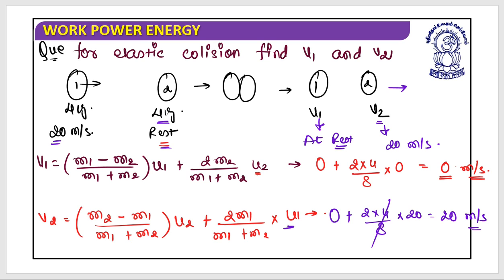If you have played billiards, a striker will strike the coin, and the striker can come to rest in certain situations, and the coin starts moving with the same speed. The same thing is true for the carom board as well. These are the various cases where this situation will occur.